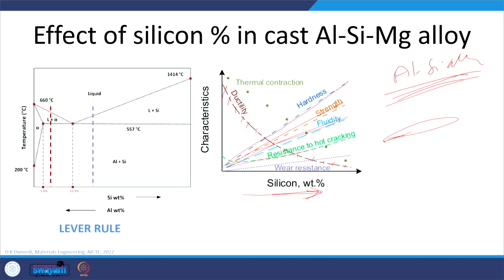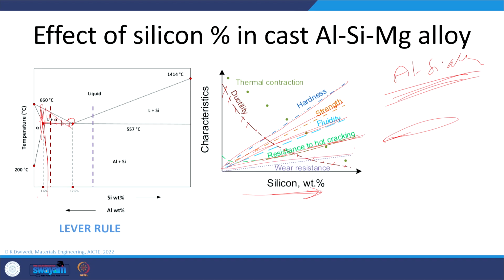It also improves resistance to hot cracking, because the solidification temperature range is reduced with the addition of silicon. Around 1.6% it is maximum, but then the range decreases, and that is why we see the reduction in hot cracking tendency.